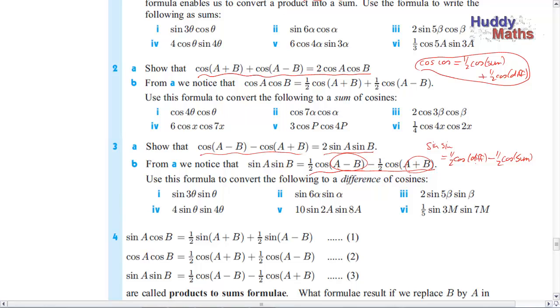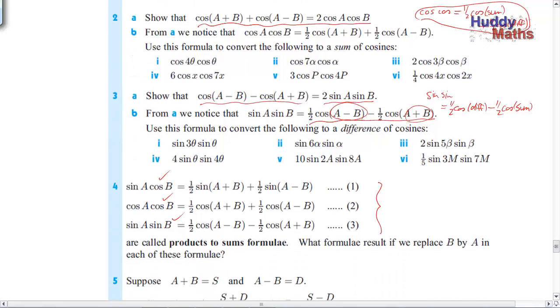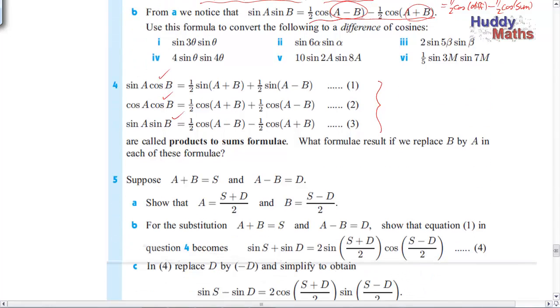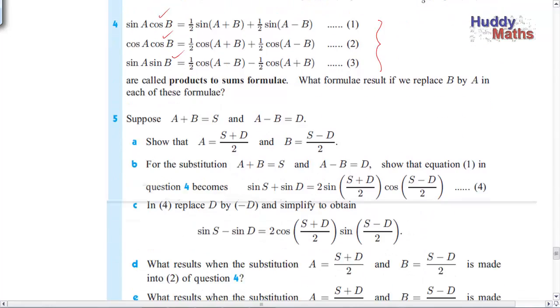Okay. All right, so down here is a bit of a summary. Sine cos, cos, and sine. Okay, these are called products to sums formulae and very useful in calculus. So we're having a little introduction here. All right, now, can you go backwards?